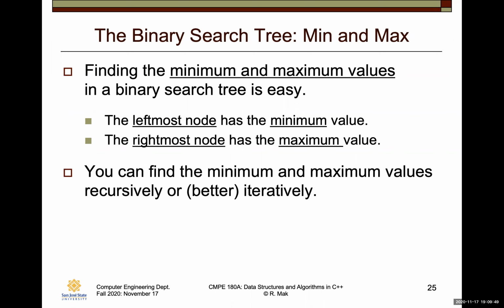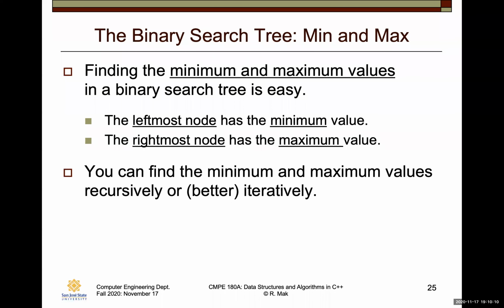So remember, the minimum value in a binary search tree has to be the leftmost node, and the maximum in the binary search tree has to be the rightmost node. If you think about it, it's not hard to see why that's true.